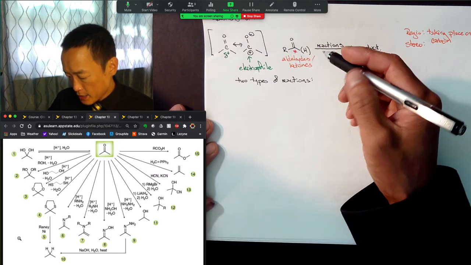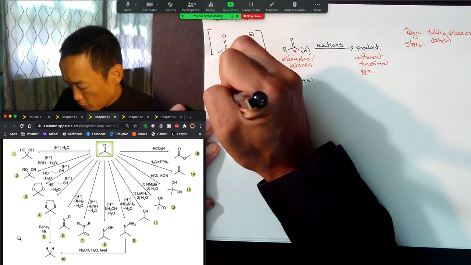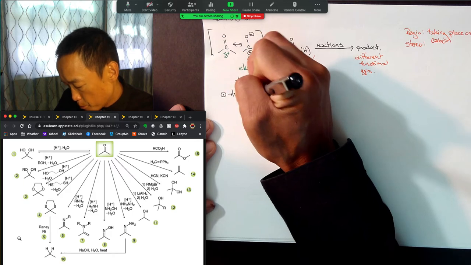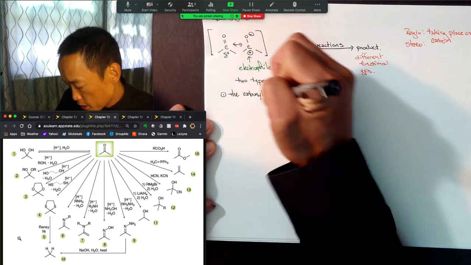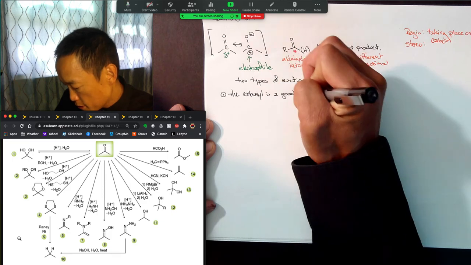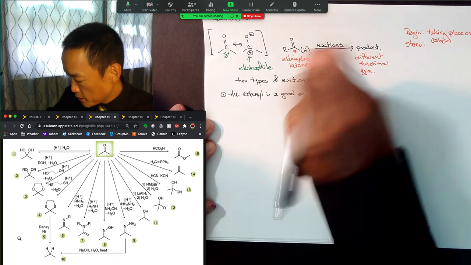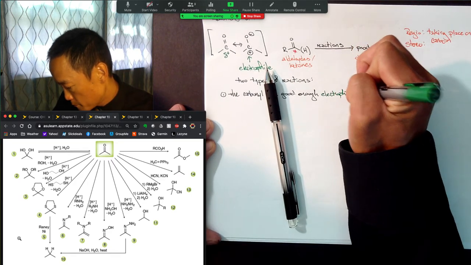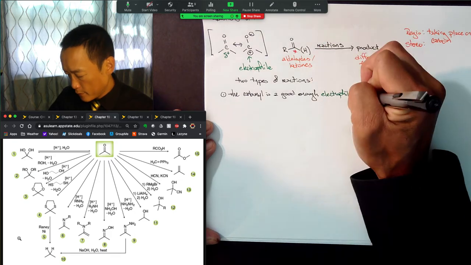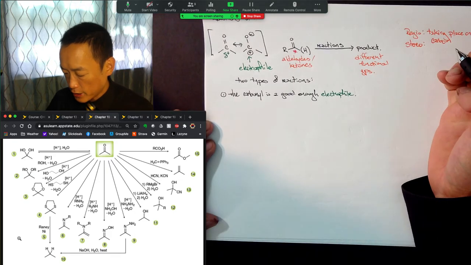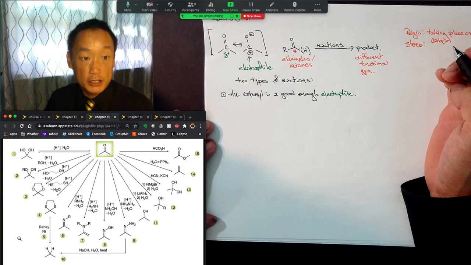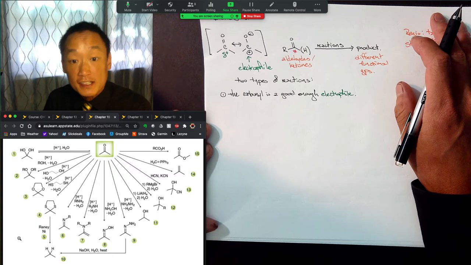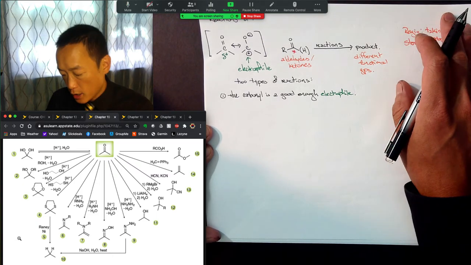And the idea here is that in type 1, the carbonyl is a good enough electrophile. It's a good enough electrophile. That partial positive is strong enough for the reagents that fall into this class of reactions to find it.